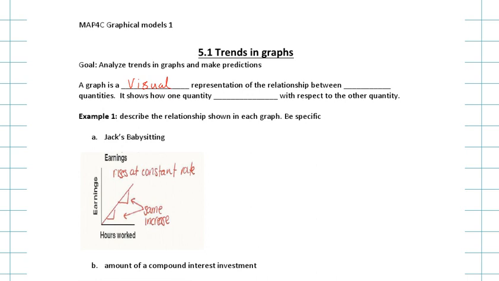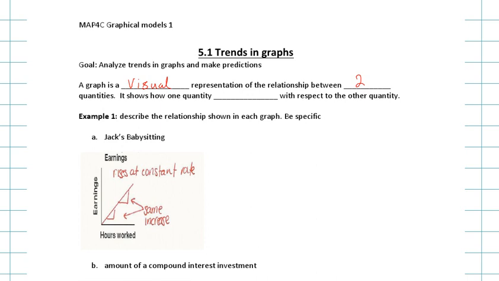When they're showing you polls, there are way too many things to think about. But instead of writing all the information down as paragraphs, a simple graph is enough to show people what the message is. So it's a visual representation of the relationship between two quantities.